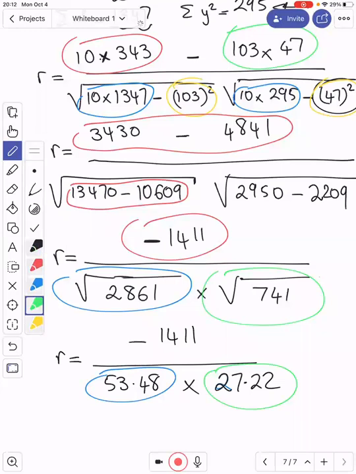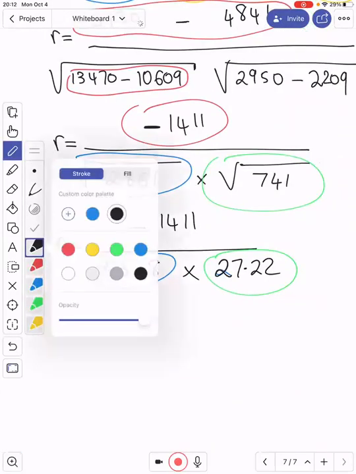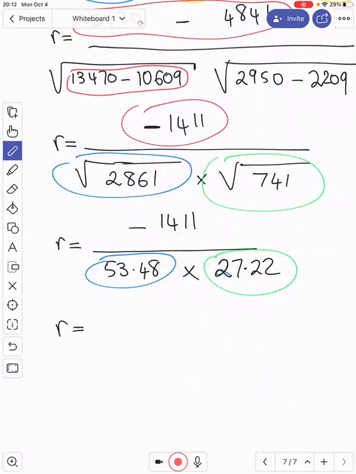Now we multiply, we are almost done. So your R is gonna be negative this 1411 over, and then you multiply these two numbers, the 27.22 by the 53.48, and that will be equal to, I think, 1455.8.